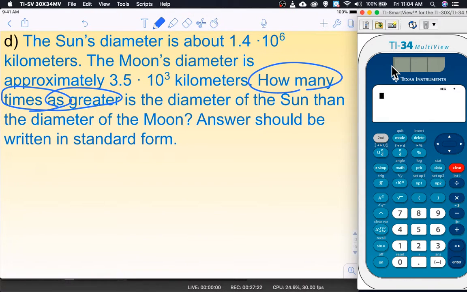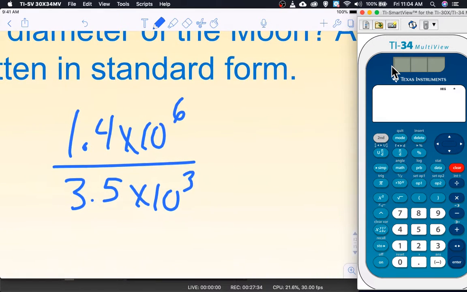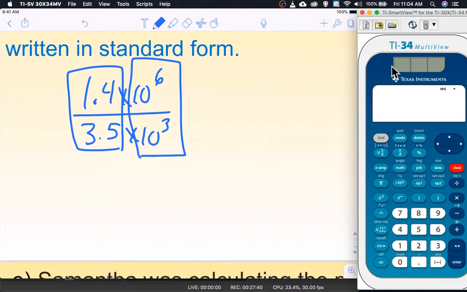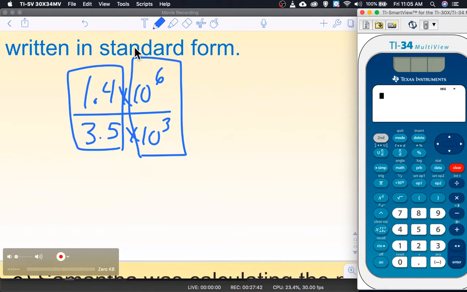So I'm going to put 1.4 times 10 to the 6th divided by 3.5 times 10 to the 3rd power. Bigger number on the top. When I divide, I'm going to divide this piece and divide this piece, and then just put my answer in, well, actually in standard form.